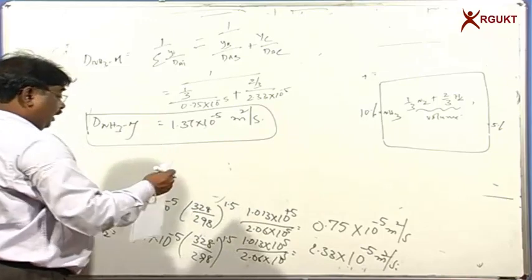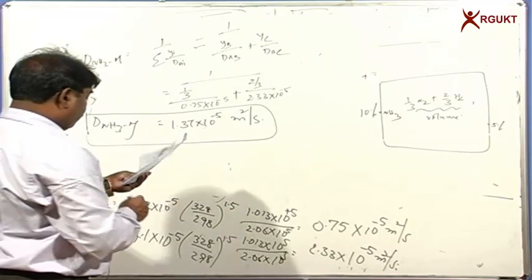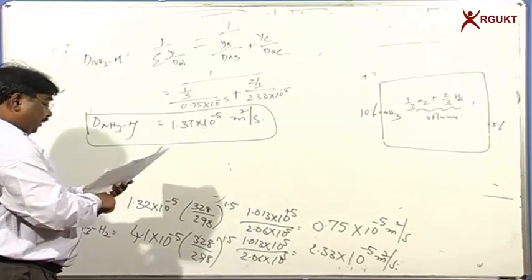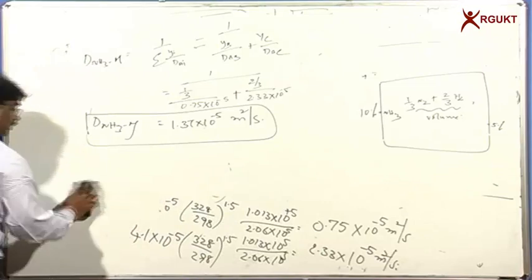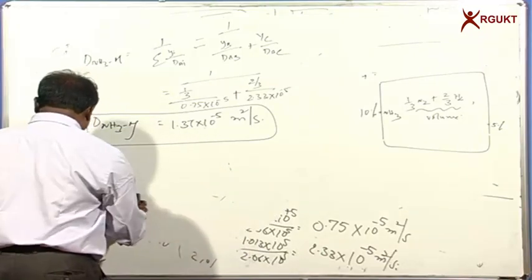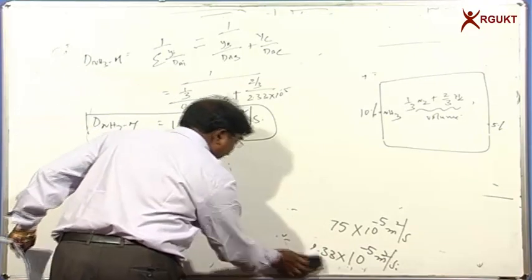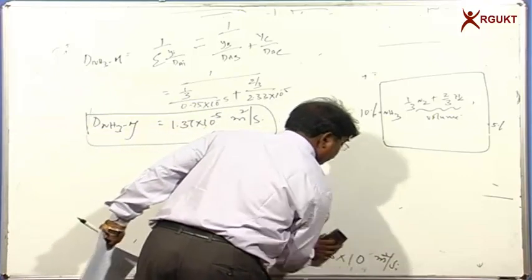Now, as we have done in the previous problem, you know the diffusion coefficients, and now the situation we are talking about is non-diffusing B, where we have to estimate the flux.